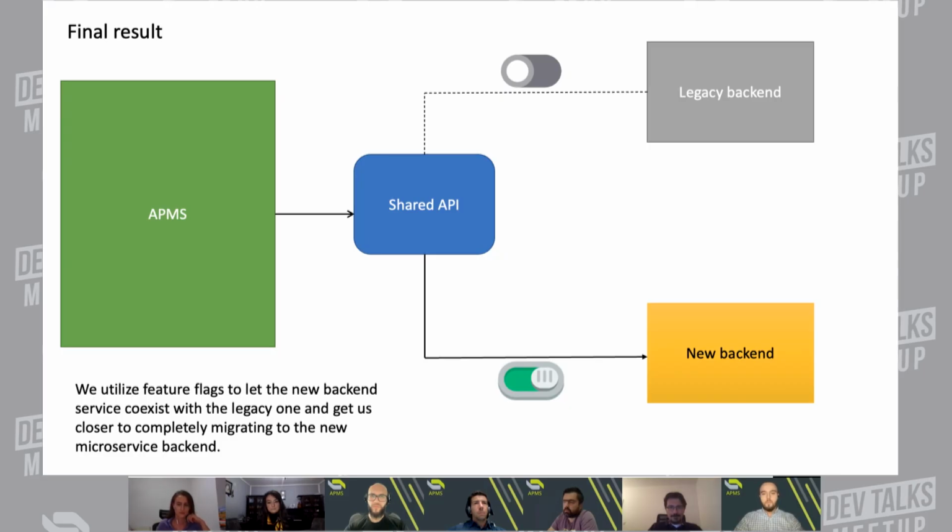By utilizing more Azure functionalities of feature flags, we can create almost like a beta environment for users, where we let a percentage of users still use the legacy backend, and then the rest of the users use the new backend. So we can start testing it early, improving it, and get closer step by step to fully deprecating the legacy backend.